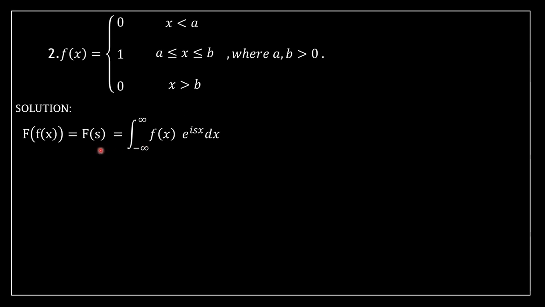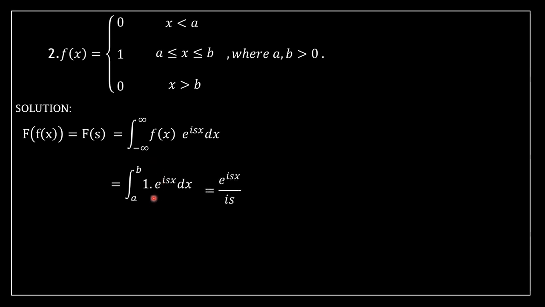So it is enough to find the Fourier transform in the interval a comma b, because outside this interval the function value is 0. So the above integral reduces to the form integration 1 into e to the power isx dx, where the limits of x are from a to b.